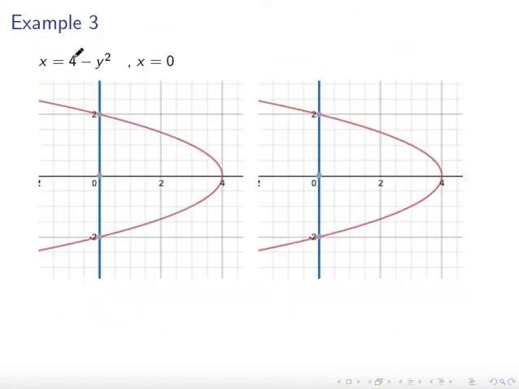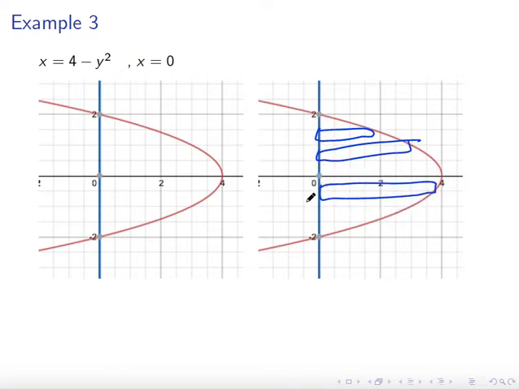Next example, we have x equals 4 minus y squared. As you see, already the equation is given in terms of y. So this tells us maybe it's easier to set it in terms of y. When we want to set this with respect to y, it's very easy, because when you consider the horizontal rectangles, one side of them is always on the red curve, the other side is always on the blue curve.